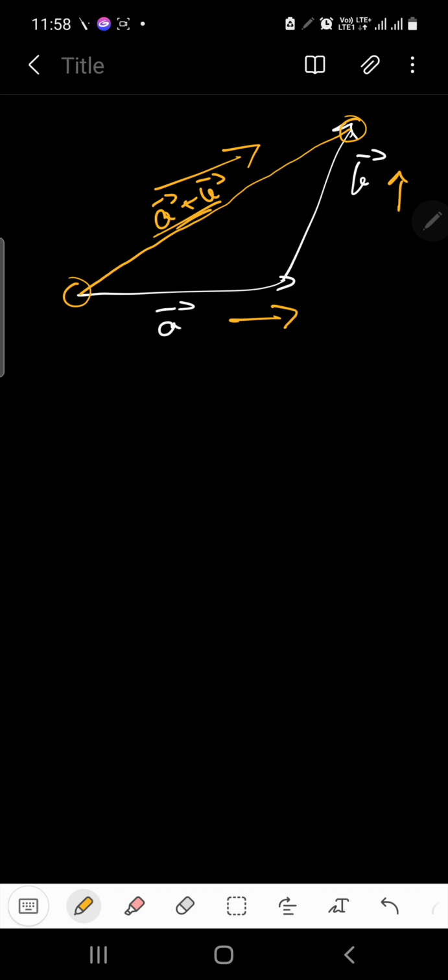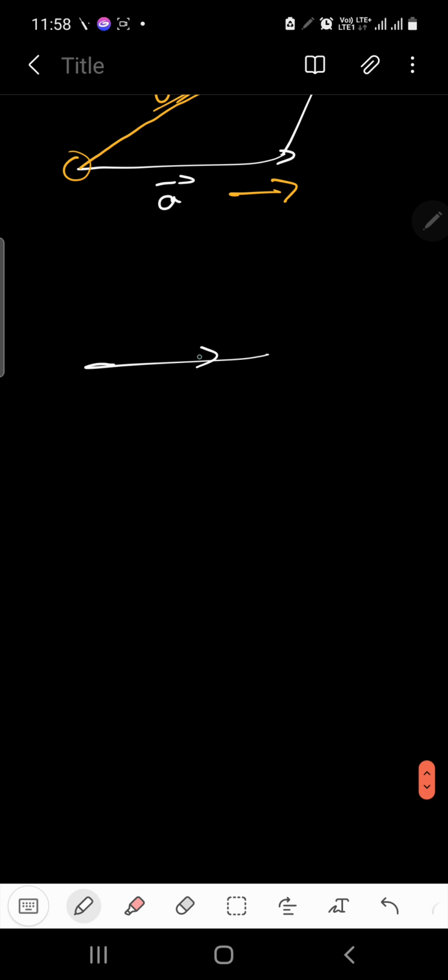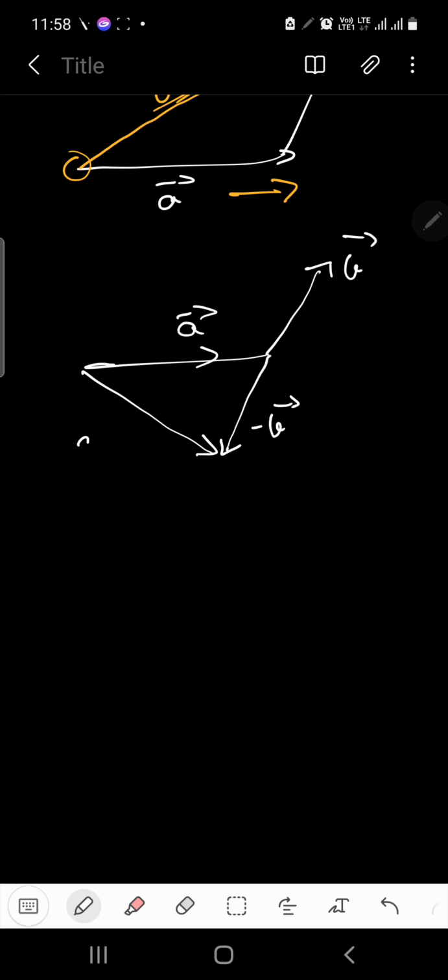I guess it's clear. Similarly, we can subtract also. For example, this is your a vector. If this is your b vector, then this is your minus b vector. You join this, then this becomes your a vector minus b vector. Clear?